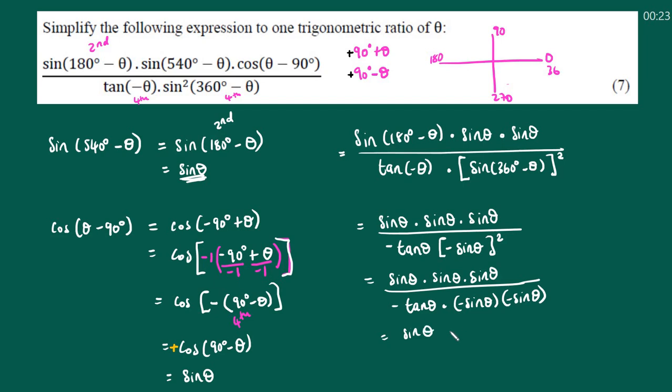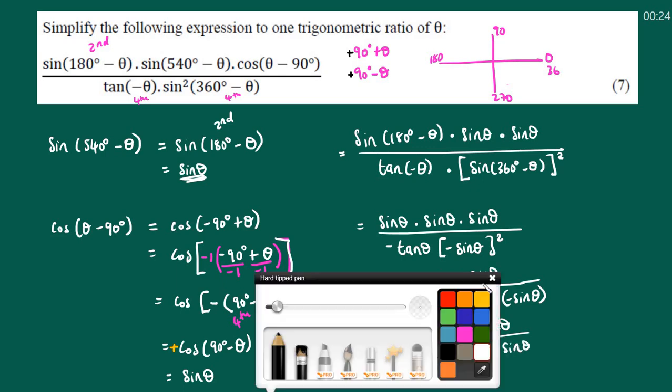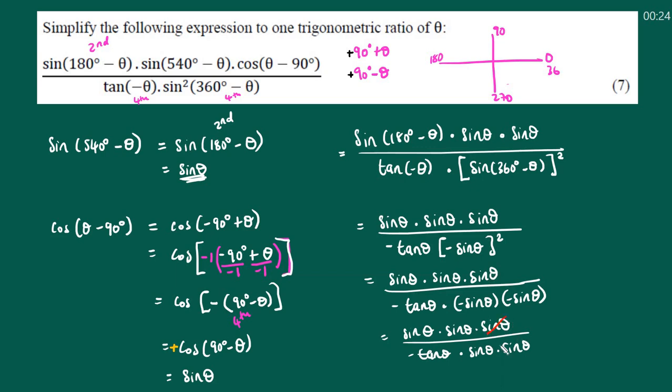Remember now, since this would be sine theta, and then sine theta, you divide by negative tan theta. And then remember, negative times negative is positive. So you essentially have sine theta times what? Times sine theta. Now that will allow me to say this cancels that, this cancels that.